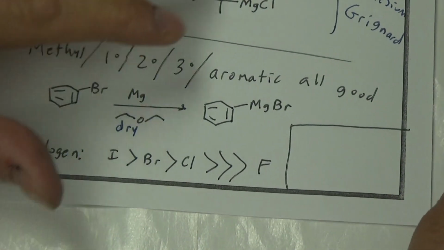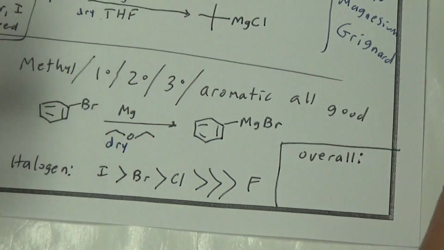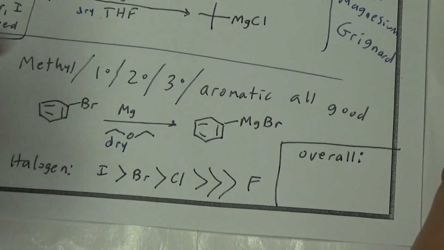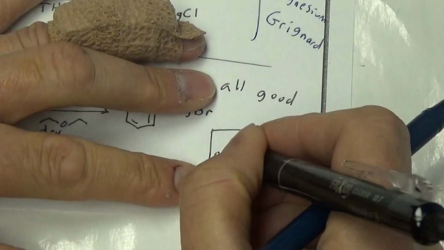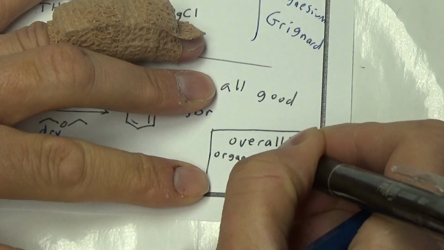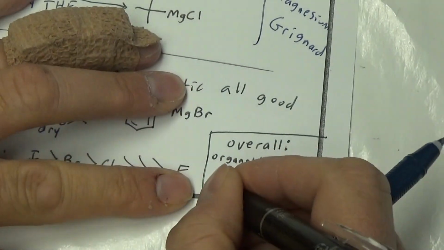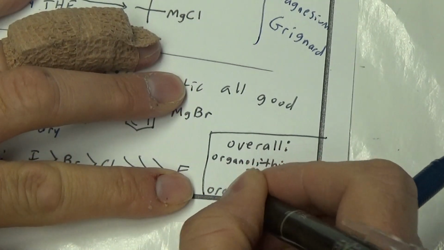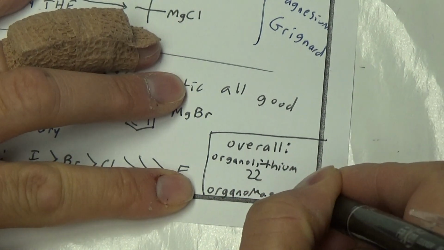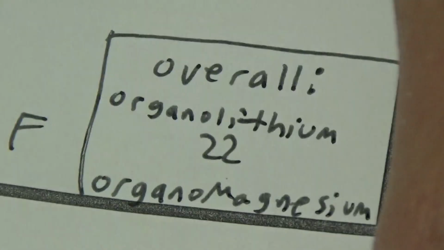Anything else? So yeah, overall, this is a general rule all the way through the end of Organic 2. Organolithiums are essentially equal to organomagnesiums. So there's not much of a difference in reactivity.